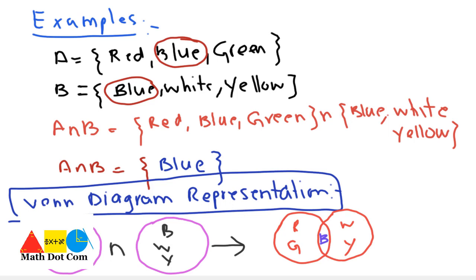Now I'll highlight the portion that represents A intersection B. So this is the portion that represents A intersection B. This is the Venn diagram of A intersection B, how you can represent it in the form of Venn diagrams.